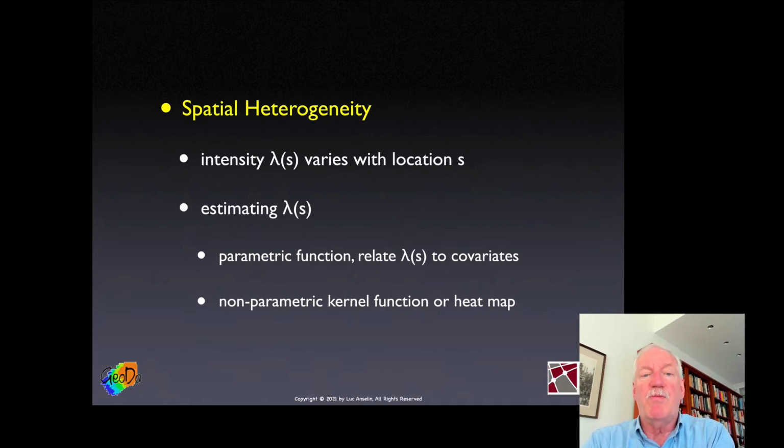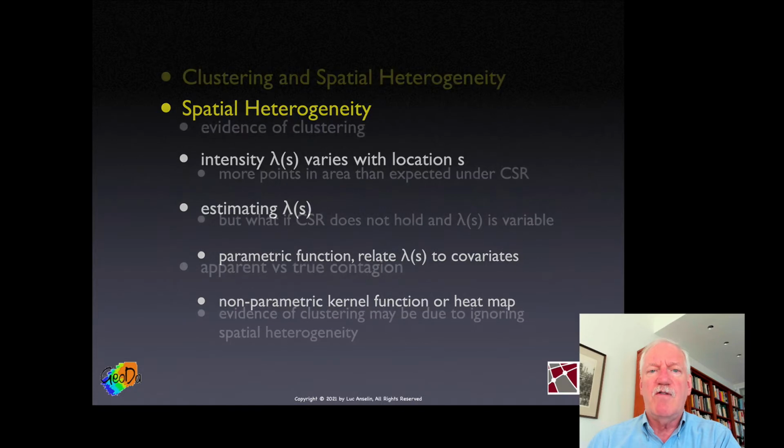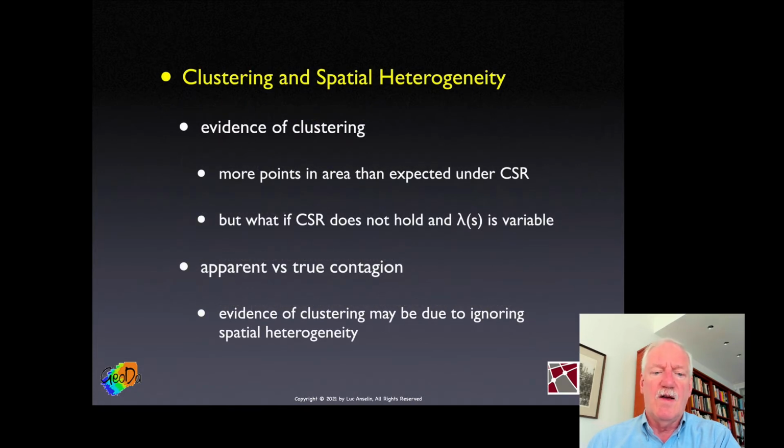For exploratory purposes, we typically stay away from specifying models with parameters, and instead we can use a non-parametric approach, which is a kernel function, also known as a heat map. And a kernel function may be a little difficult to comprehend, but it's actually a very simple idea.